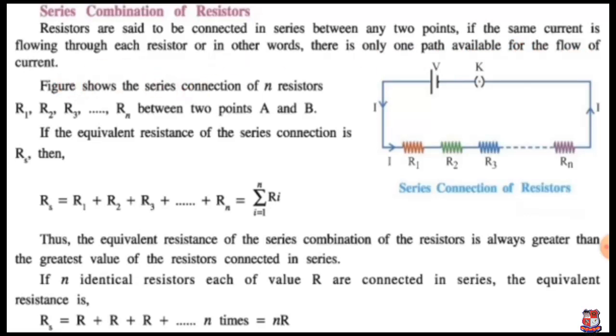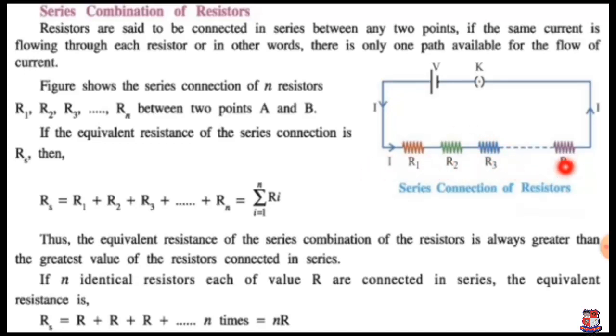Among all these resistances, suppose here the capital I is 5 ampere. So in the R1 resistor 5 ampere current will flow, in R2 resistor again 5 ampere current will flow, and so on.